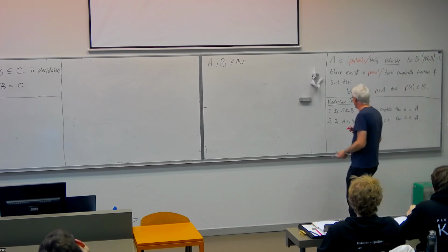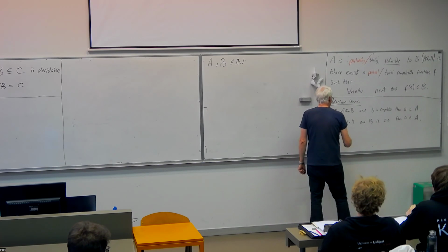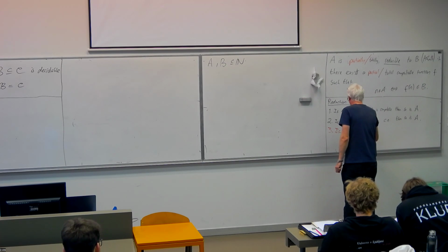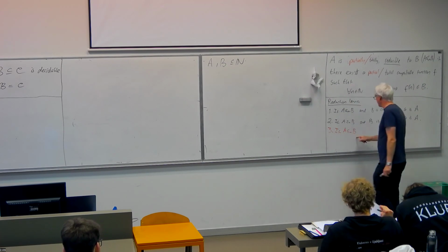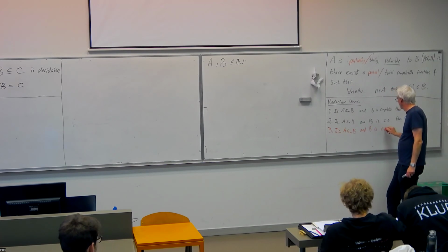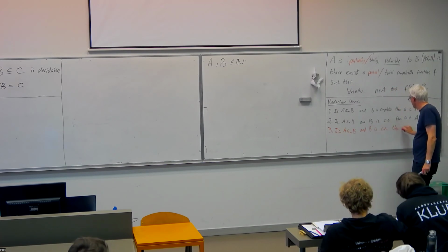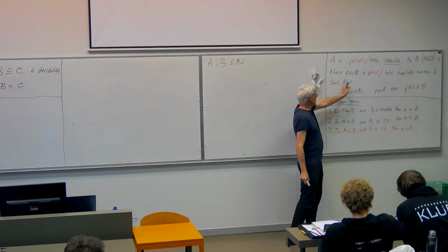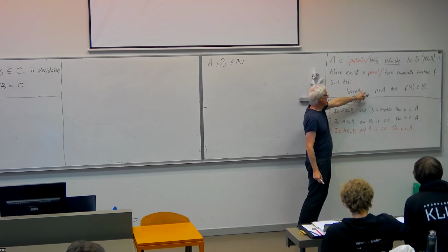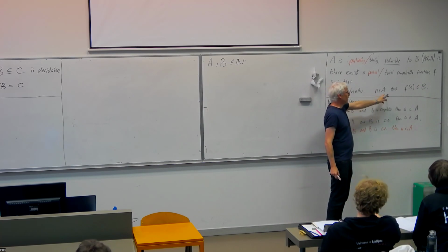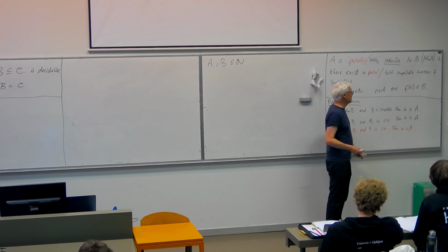And part 3 of the lemma, which is in the notes as a separate lemma, is that if A is partially reducible to B and B is computably enumerable, then so is A. Notice we can't use a partial reduction to decide membership of A, because if we apply f to an arbitrary n, it may be undefined and we'll go into a loop and never get an answer back.